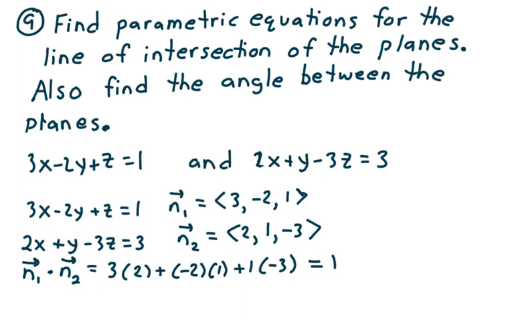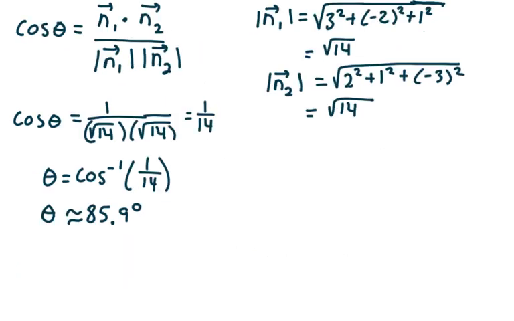So we need the dot product of n1 and n2, which I claim is going to equal 1. Now, the length of n1 and the length of n2 end up both being the square root of 14. Now, cosine of theta is n1 dotted with n2 divided by the length of n1 times the length of n2.